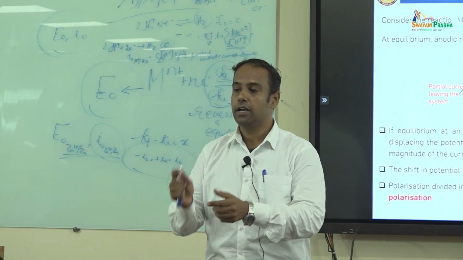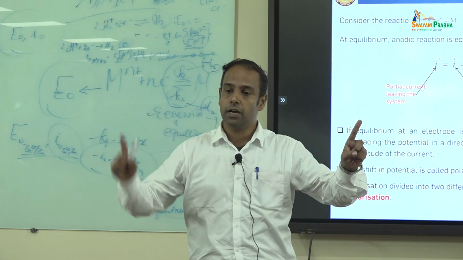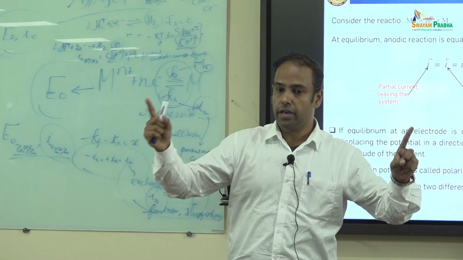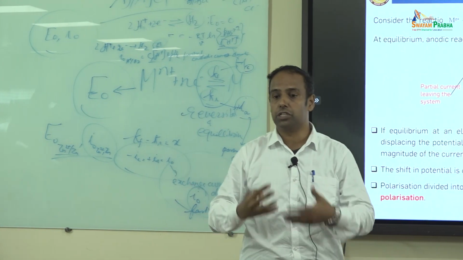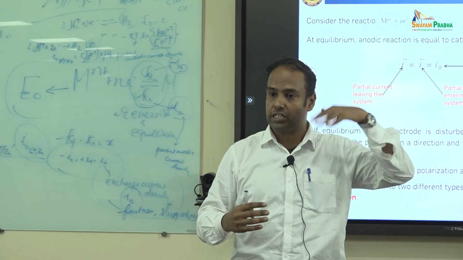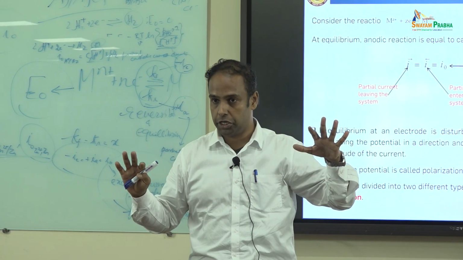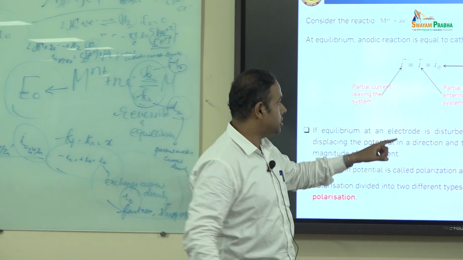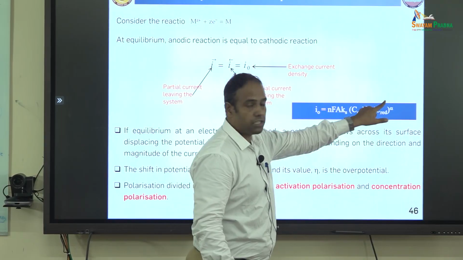You should understand this I naught value is like whether the car is an Ambassador or a Land Rover. On platinum, the hydrogen evolution reaction is much easier because of its catalytic activity. It will show fastness in the reaction, but on a zinc surface it is sluggish. So, this I naught will again depend on the concentration of the species involved.